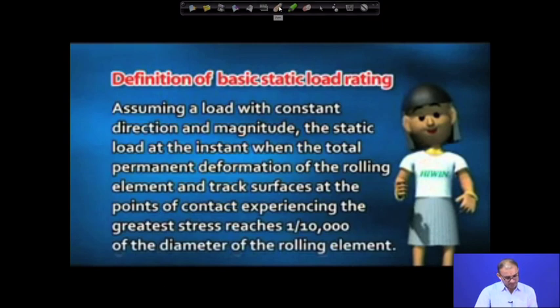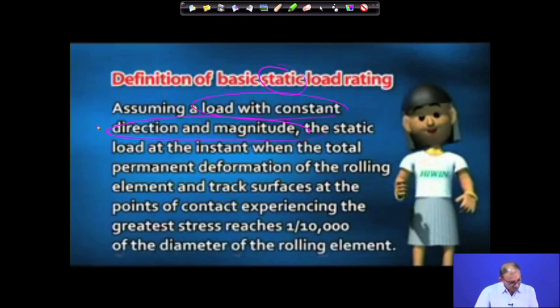So, what does it mean? When you are putting a load of constant direction and magnitude, that is more important, because that is why we are considering a static load. There is only one direction, we are not moving in another direction. So, it is mostly the load considered from the top, normal direction.